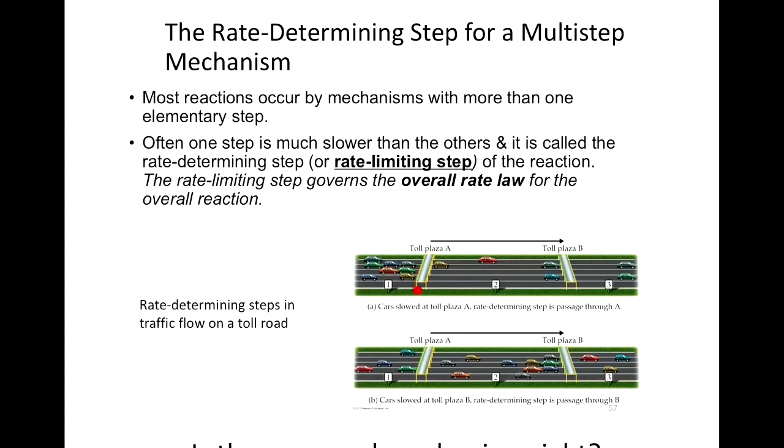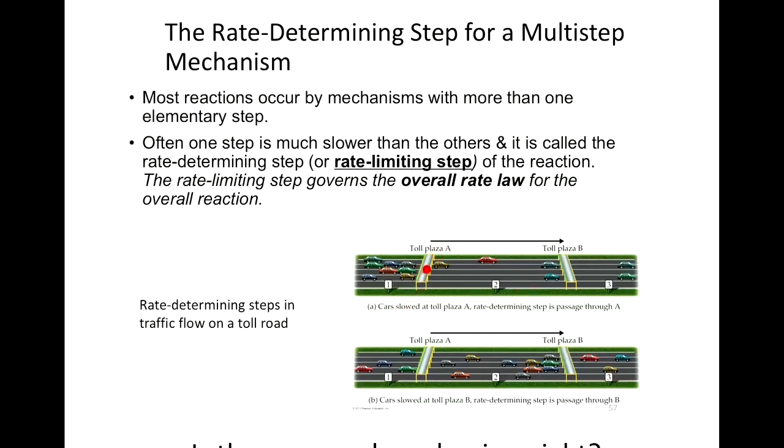If the first toll booth is the slow toll booth, let's say there's only one worker there, and all the cars pile up at that first toll booth, that is the slow step. That's the rate determining step. Once a car is past that toll booth, it'll just fly through the next toll booth. And so that second step's not affecting the overall rate because it's fast.